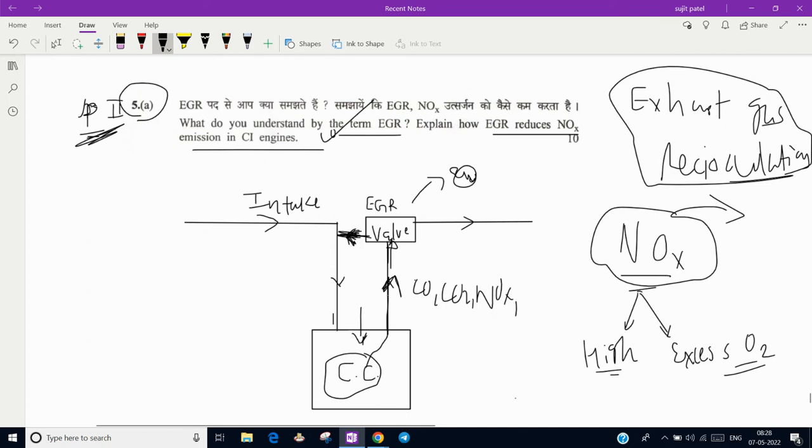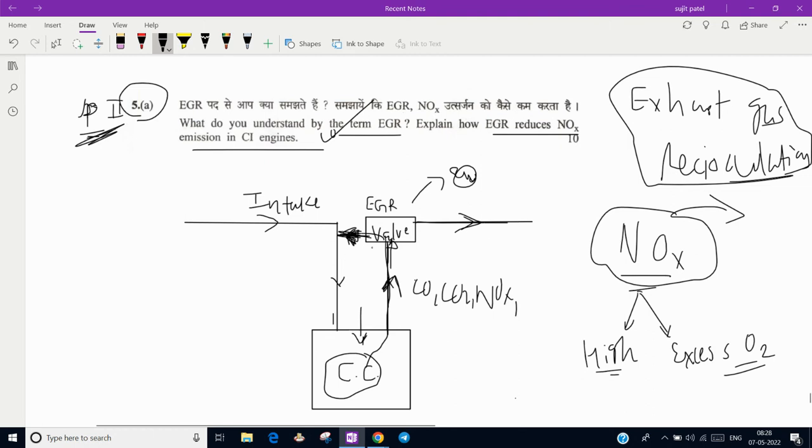Understand? The exhaust gases are coming to the EGR valve, and some of the exhaust gas is going back to the intake. So the exhaust gas quantity will reduce, and its temperature subsequently decreases. The remaining exhaust gas goes outside. So in the first cycle this happens.